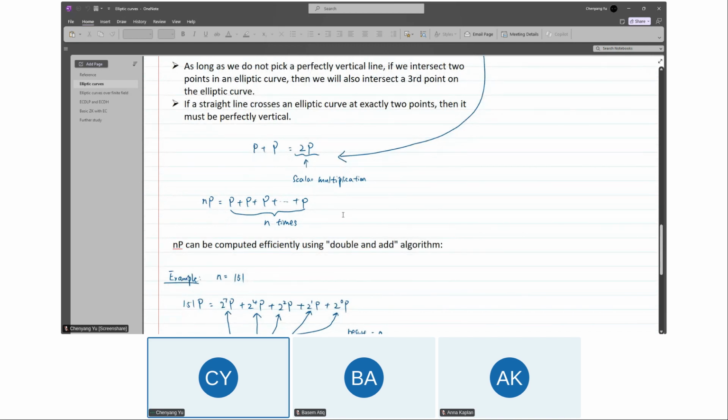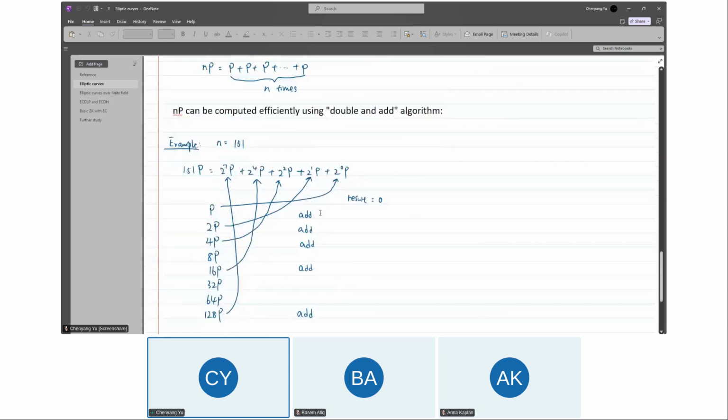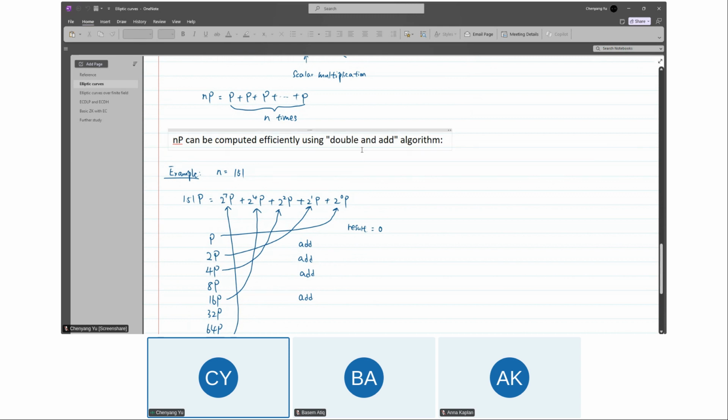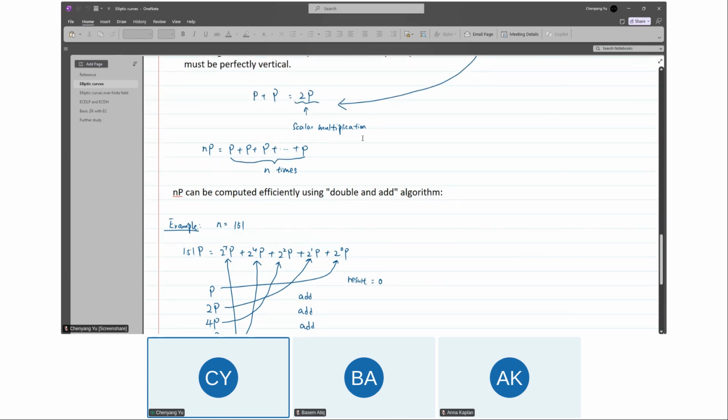And some of you may ask, this is pretty hard to compute. If you just want to brute force the addition, like you do everything here, then it is going to be pretty expensive. But there's an efficient algorithm called double and add, so that you can compute the scalar multiplication efficiently. How it works?